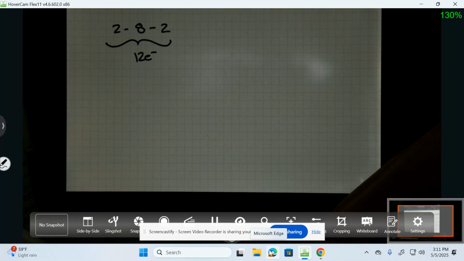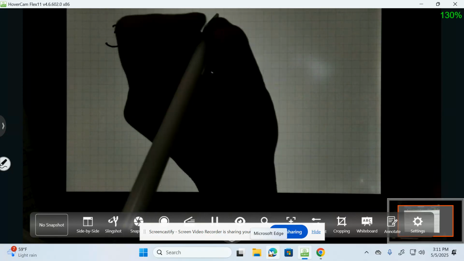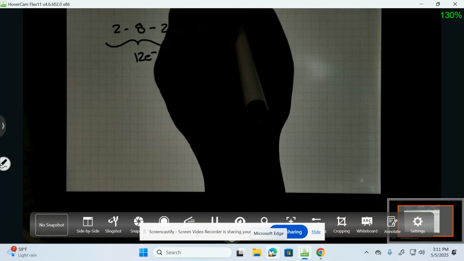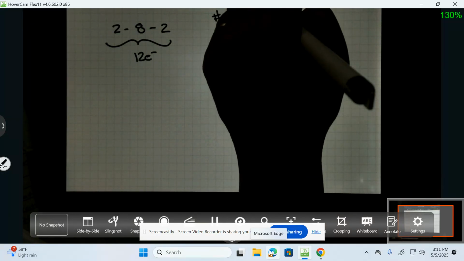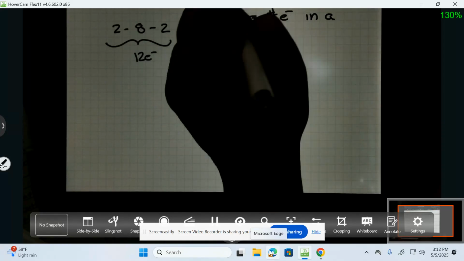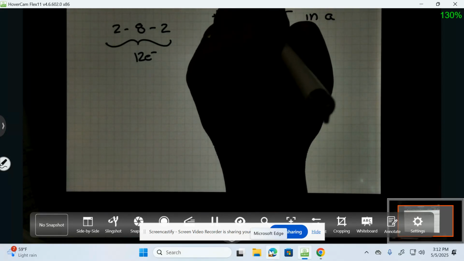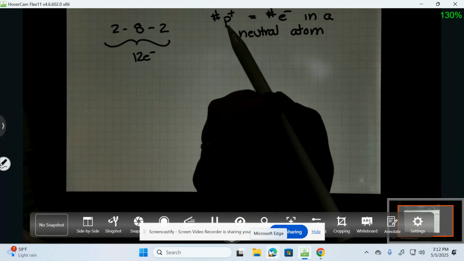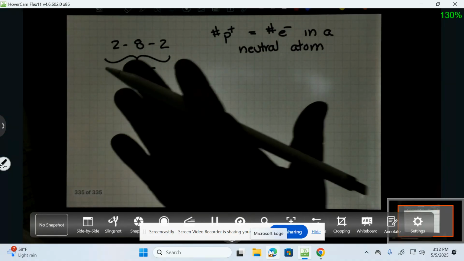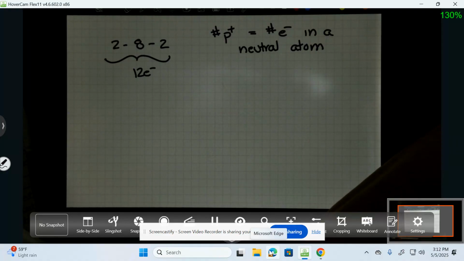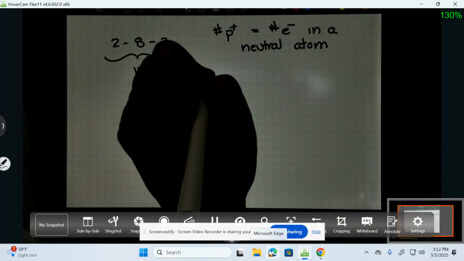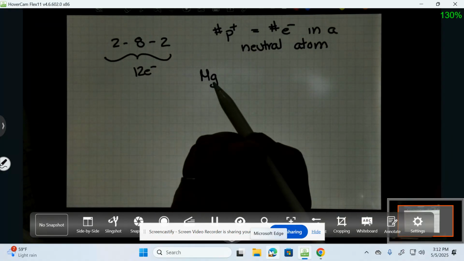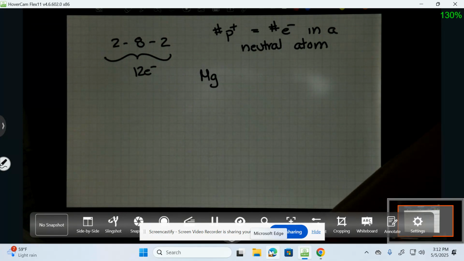If you have 12 electrons, the number of protons is equal to the number of electrons in a neutral atom. So if I have 12 electrons, then I know I have 12 protons. What element has 12 protons? Magnesium.